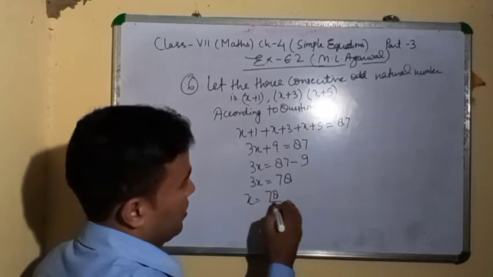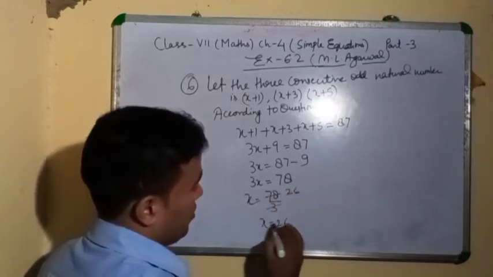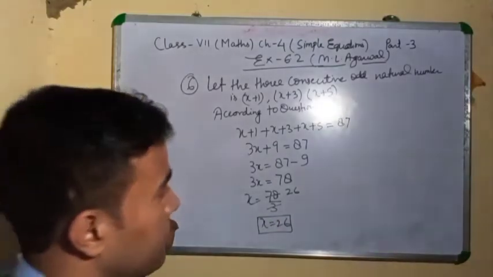X equal to 78 by 3. 3 2 is 6, 3 6 is 18. X equal to 26. Clear?